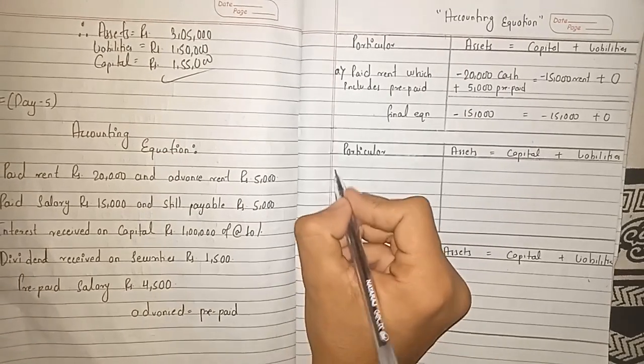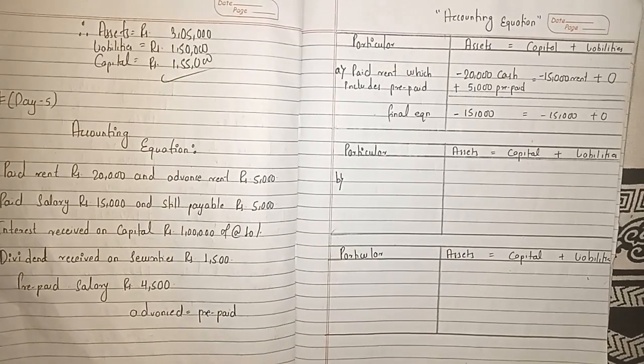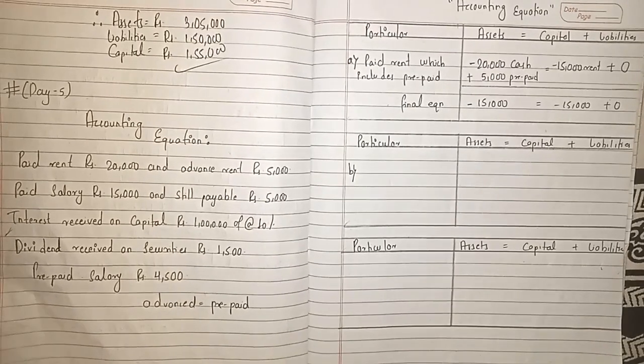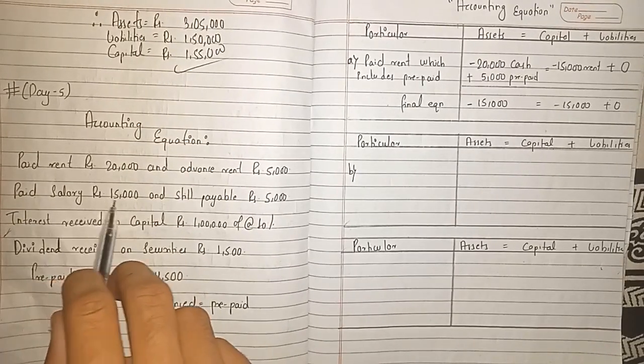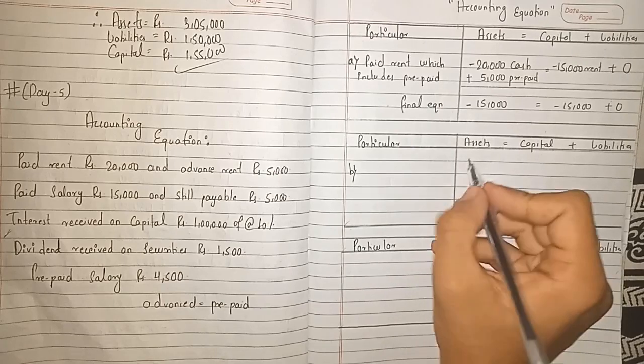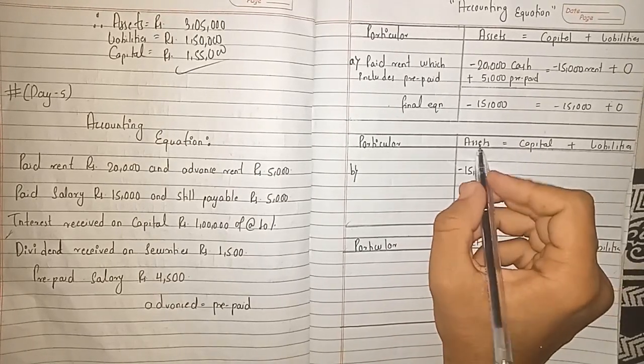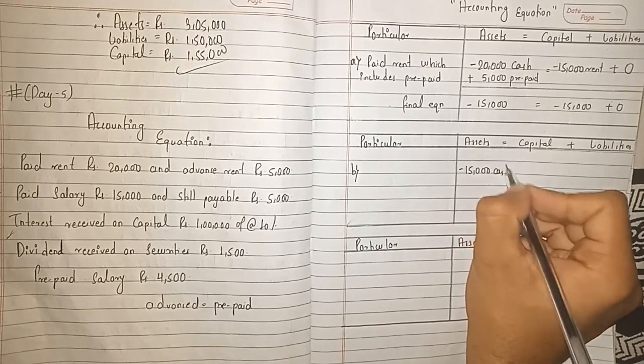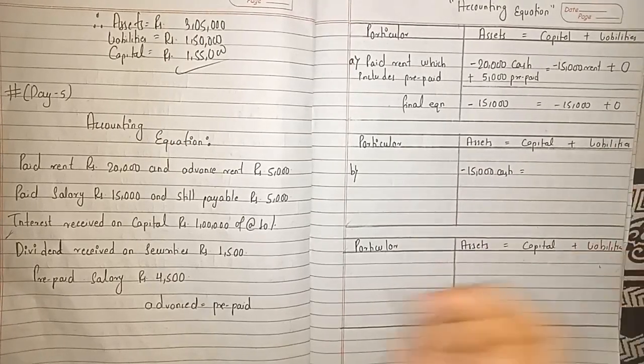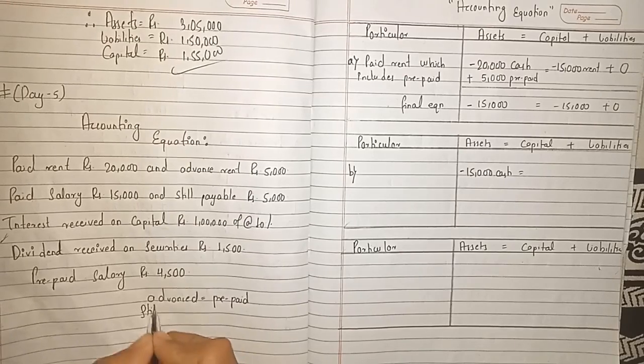Let's move on to problem number B. Problem B says paid salary Rs 15,000. It means we have already paid 15,000. So we have to deduct 15,000 from the asset side as cash, and look, there is still payable.